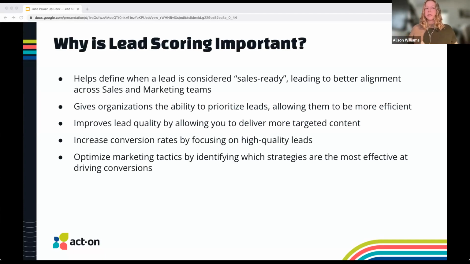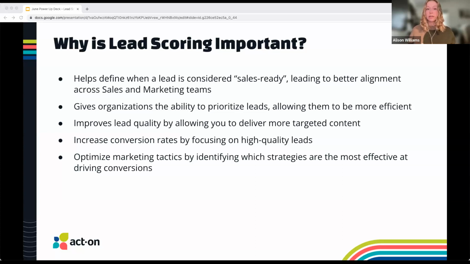Why is lead scoring important? A number of reasons. It really helps you define when a lead is considered ready, where that trigger point is, which can lead to better alignment across sales and marketing teams. It helps you prioritize which leads are ready to have action taken on.